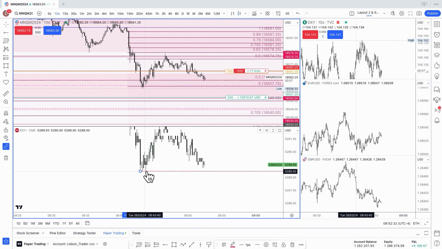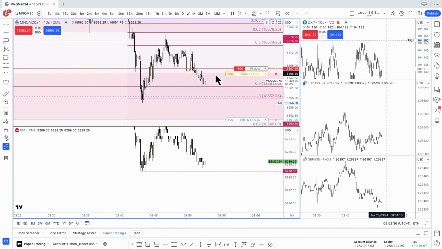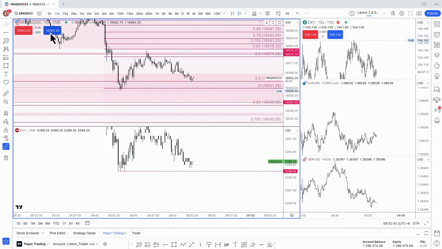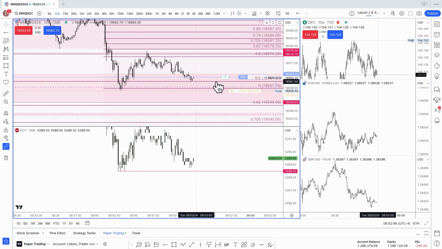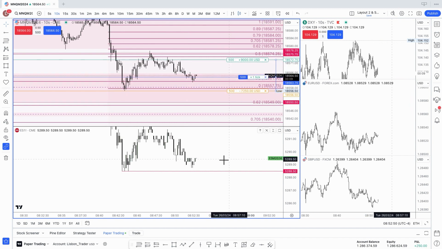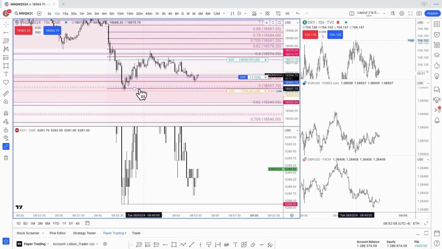This needs to be erased. And I think they are preparing an SMT divergence. So I'm exiting, believing that this is what will happen. So either ES or NQ need to make this new low.